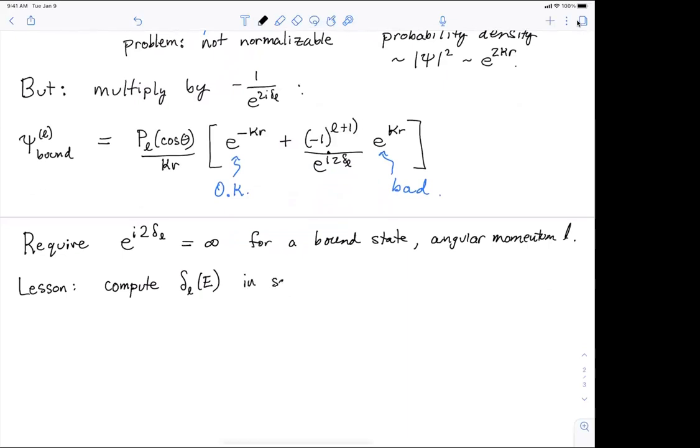In general, it's going to be harder than that, but let's say we've done it. So we've done this for some scattering problem, and it's a function of energy.